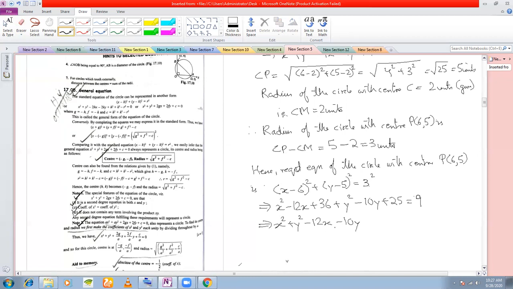So x square plus y square minus 12x minus 10y plus 36 plus 25, that is 61. 61 minus 9 is how much? 52. This is the required equation.